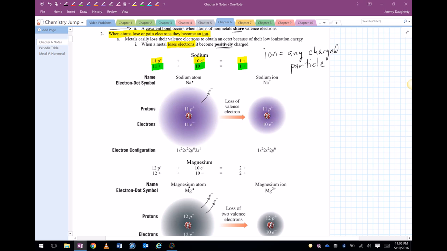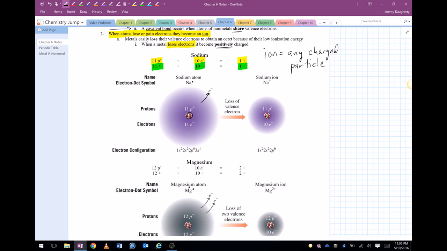So take a look at what happens though. All right, and let's talk about this. So here's sodium, right? Here's the nucleus, 11 protons, 11 electrons. Here's the outermost electron. Why does it lose the outermost electron? Because it has the weakest force of attraction between the nucleus and that outermost electron. That's why it loses the outermost and not one of the inside ones.